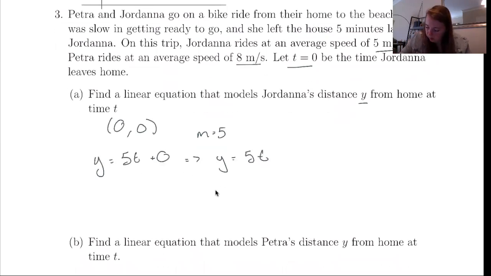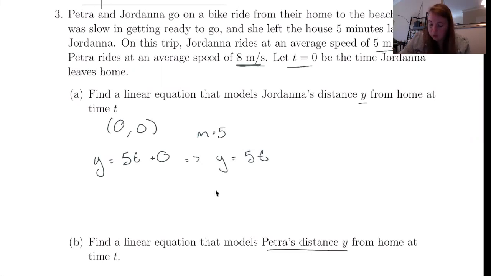So find the linear model for Petra's distance. Petra doesn't leave home until 5 minutes later. So there's a few things that we need to be careful of. Our things are in meters per second, so time is in seconds, right? If I put 1 in here, so y equals 5 times 1, that's saying 1 second. She'll be 5 meters away, not 1 minute. So we need to be careful.